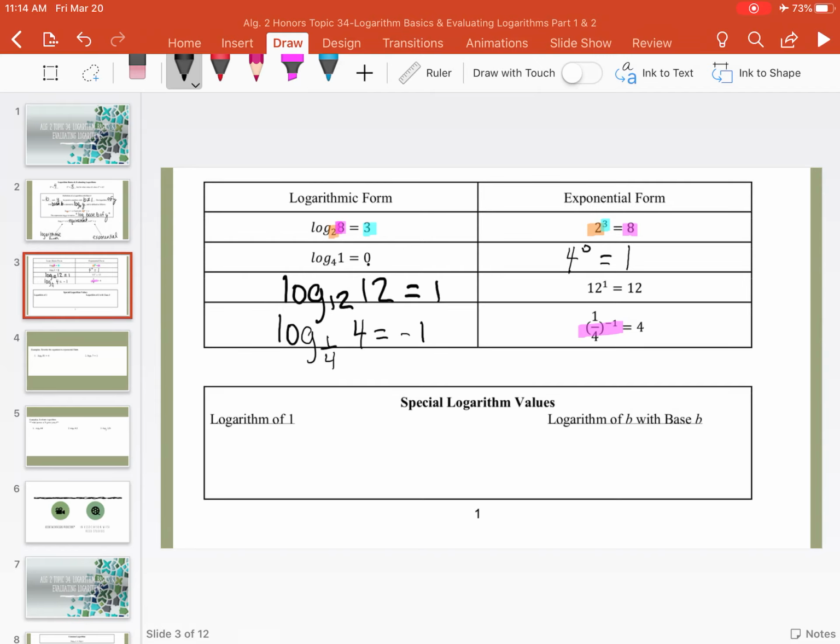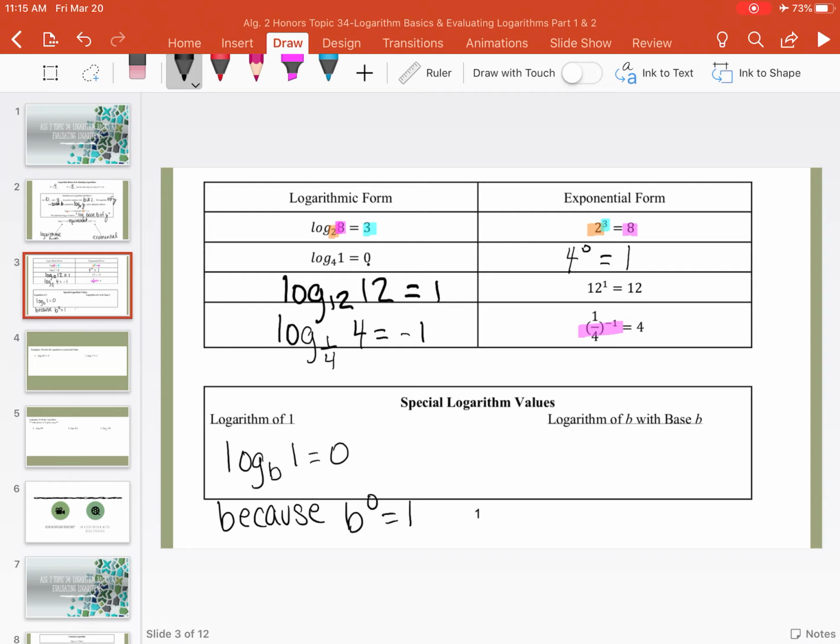So let's go into some special cases with logarithmic values. The logarithm of 1. If we ever have log base b of 1 equals 0, that is because b to the 0th power equals 1.